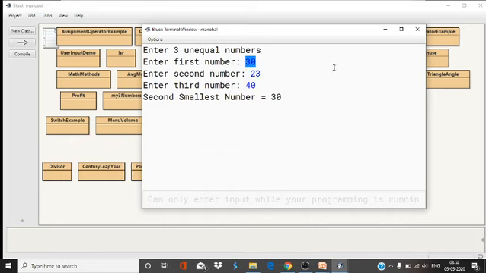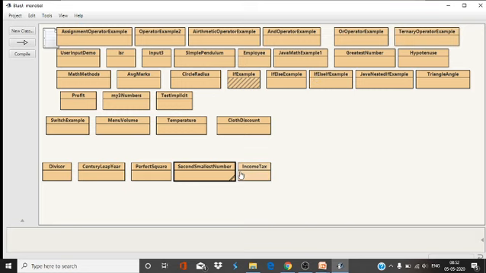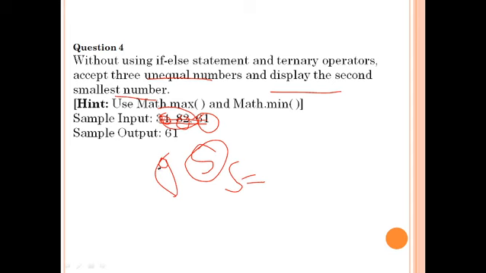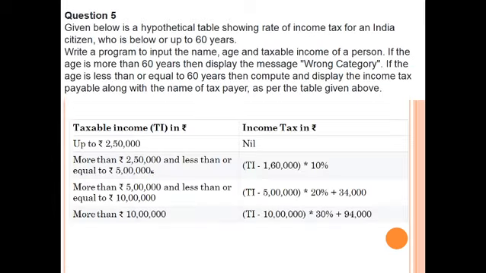So like that only you can do this. Okay, after finding the greatest and the smallest, you subtract them from the sum of all three numbers. Now one more important question I'm going to explain.